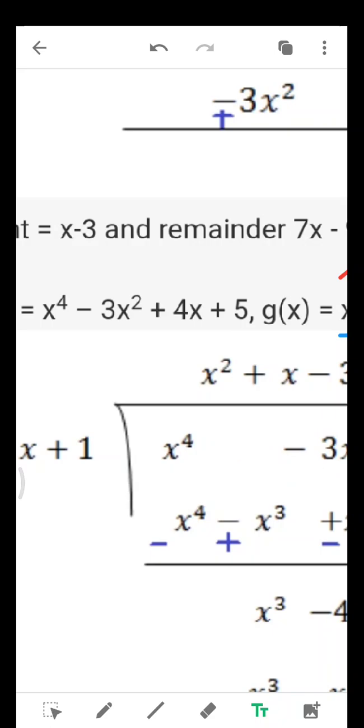It's not working, so I will directly write plus 0x cube. If you want, you can write this, else you can leave a gap.